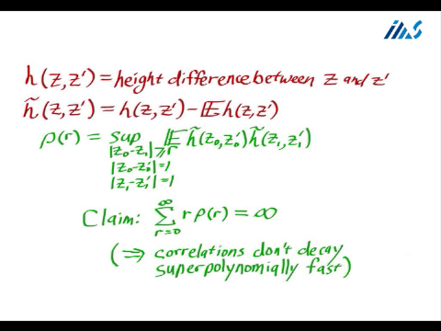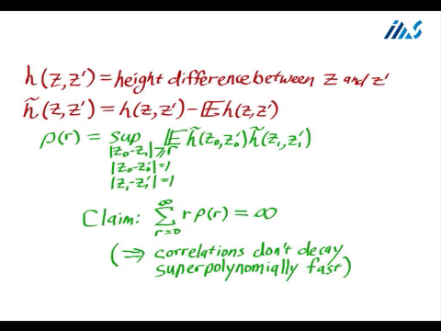Okay, so we're going to let h of z prime be the height difference between 2 vertices z and z prime. And because these height functions in general can have a tilt, we're going to let h tilde be the height difference minus the expected height difference.